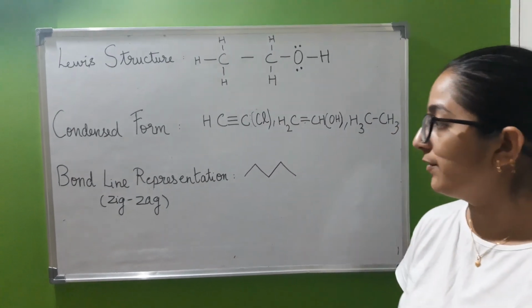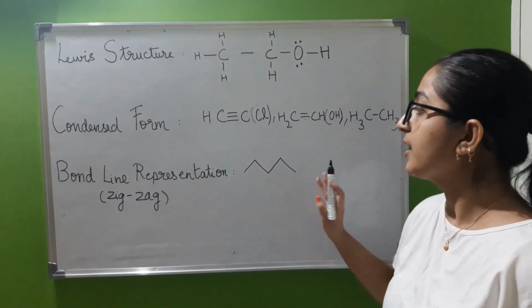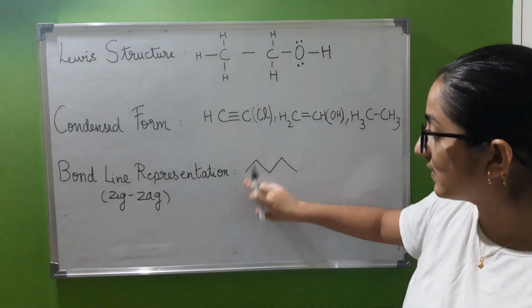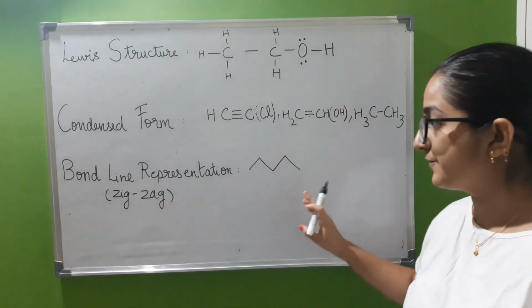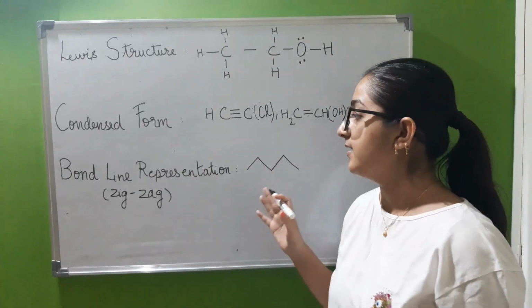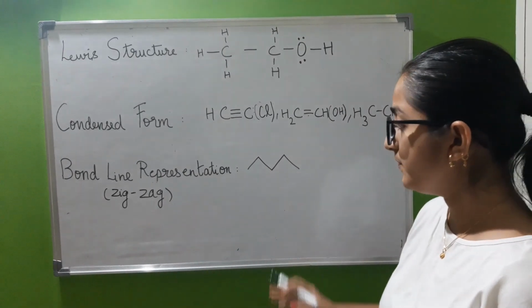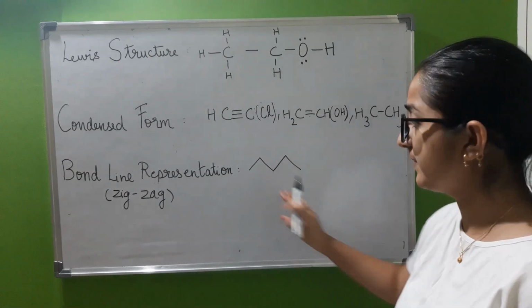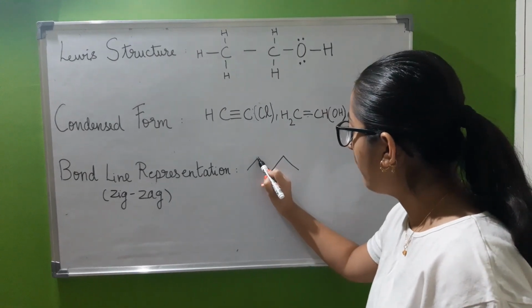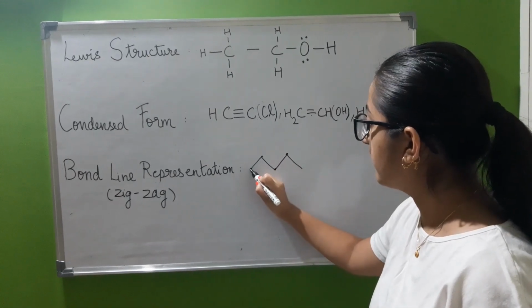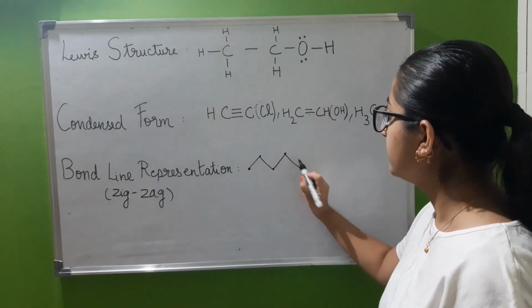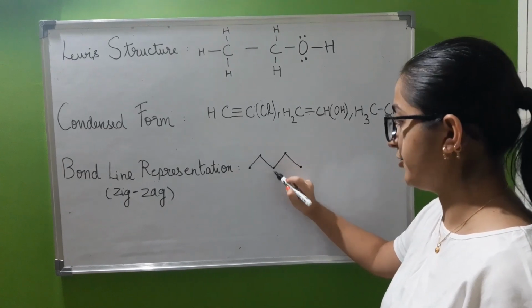While coming to the bond line representation, here we only represent this with the help of lines. It's also known as a zigzag fashion of arrangement. And here, to understand what the structure is, we need to first mark down the tip points of every dash.